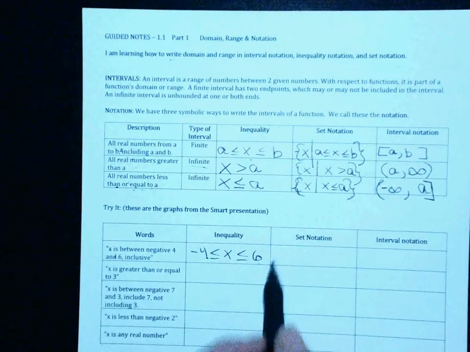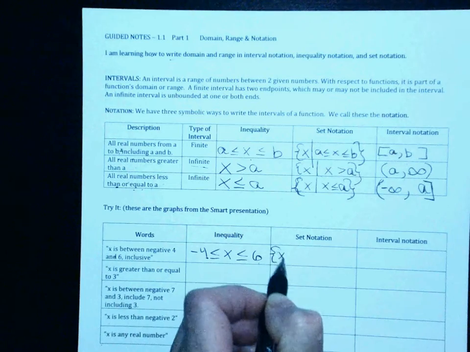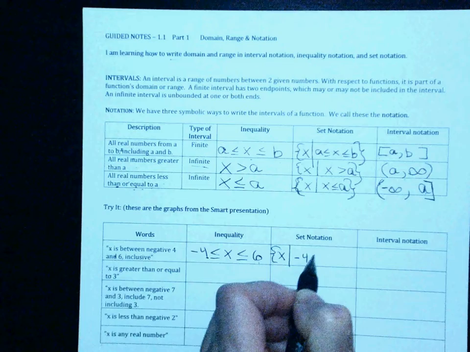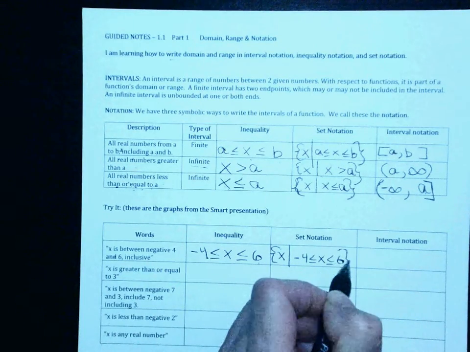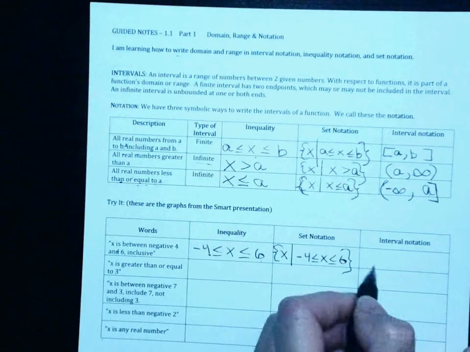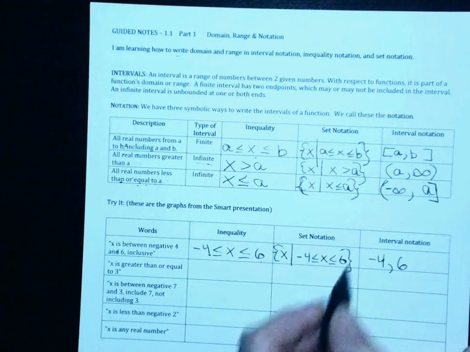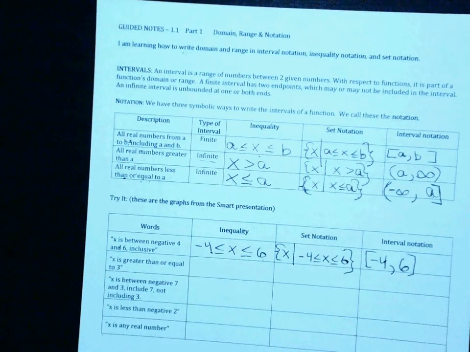Okay? Set notation would be the same thing, except we would just have our brace, all x such that, and then we recopy that inequality notation. And then interval notation, it goes from -4 to 6, and inclusive for both of them, so they both get brackets.